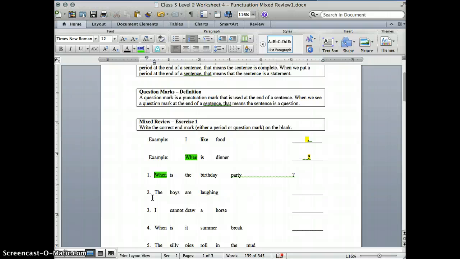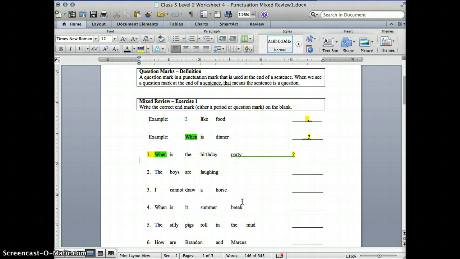Most of the time. So be careful, there are times when that's not the case, but in this worksheet, whenever you see when at the beginning of a sentence, or a similar word like where or why, then this sentence is going to be a question. So that's just something to keep in mind. I'll make the answers in yellow so it's easier to see.